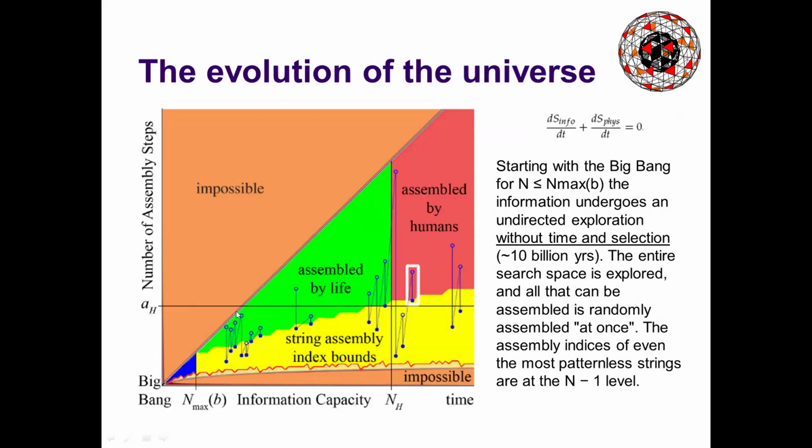So we have then tried to speculate about the evolution of the universe starting from the Big Bang, that is from the first bit. And we are of the opinion that the upper bound on the assembly index indicates that up to a certain moment, up to the onset of life, the evolution of the information in the universe within the period that we describe as 10 billion years between the Big Bang and the onset of life was in fact timeless evolution, timeless and choiceless.